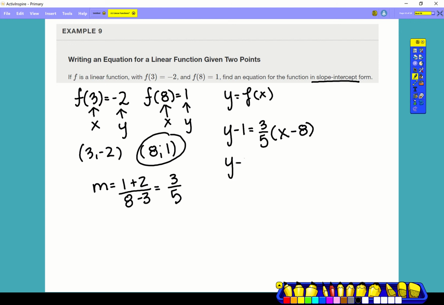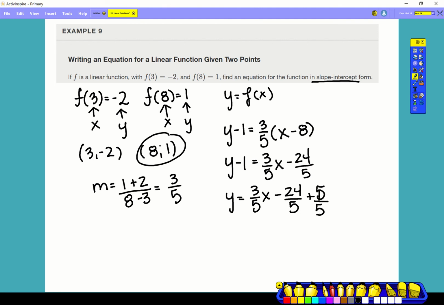So that gives us y minus 1 equals 3/5 x minus 24/5. So y equals 3/5 x minus 24/5 plus 1. And remember, 1 is equivalent to 5/5. Right? Because 5 divided by 5 is 1.